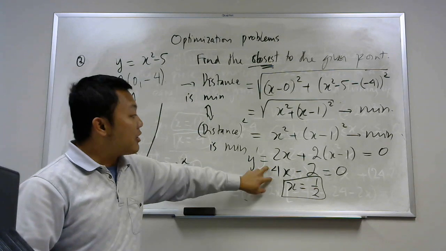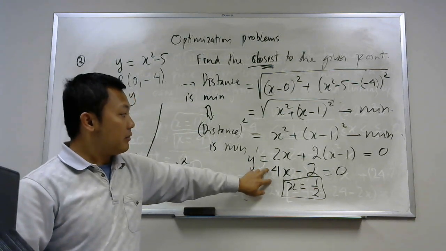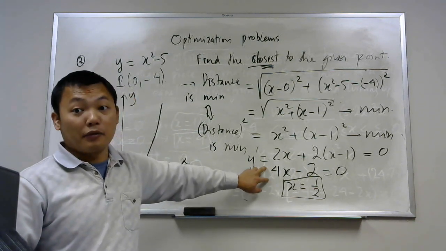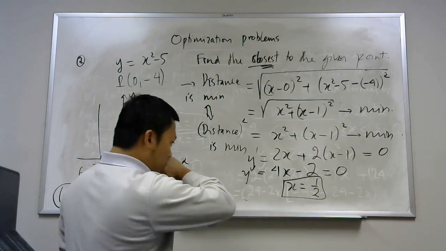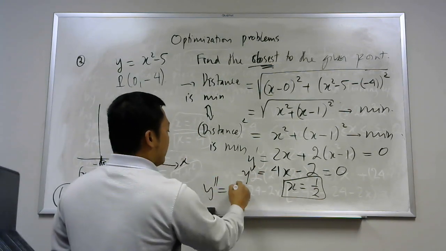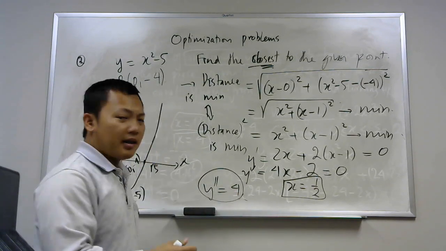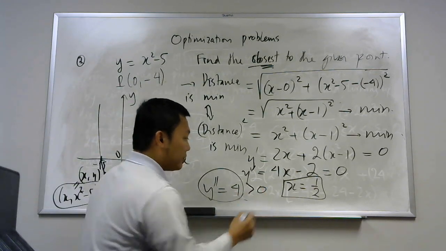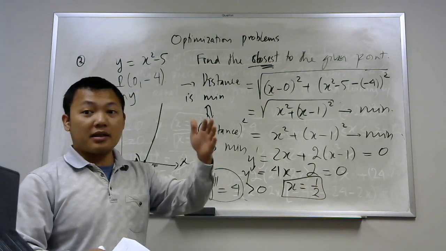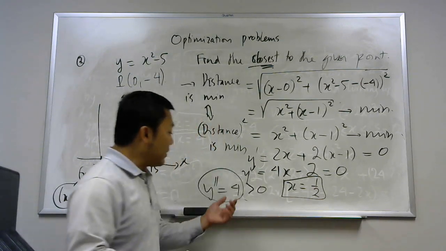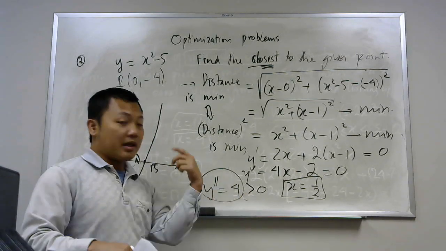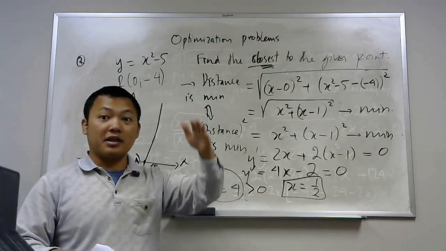So if you differentiate one more time, the second derivative is equal to 4. 4 is bigger than 0, right? That means when the second derivative is positive, our function is convex.